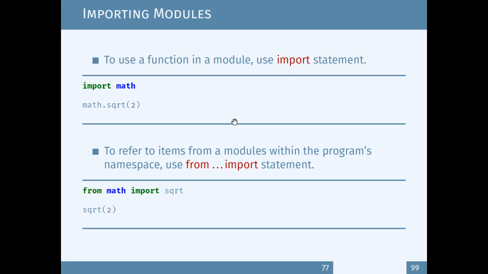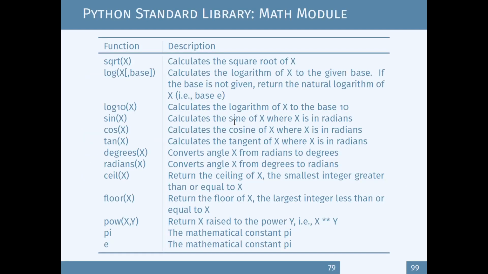So, for example, I can show you some of the functions available within this library. If you want to calculate the square root of a value, there's a function called square root. You can calculate logarithm, natural logarithm and also the logarithm in base 10.